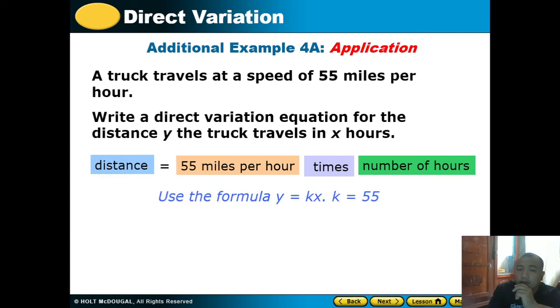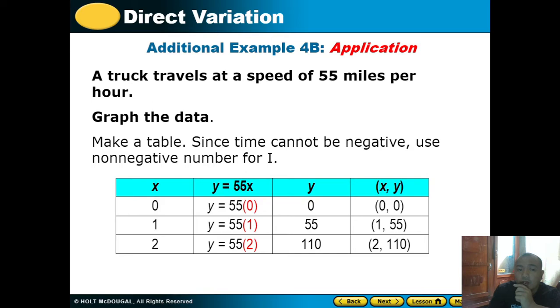Let us use the formula y equals kx, where k is 55, x is the number of hours, and y is the distance. So y equals 55x is the direct variation equation of the statement.